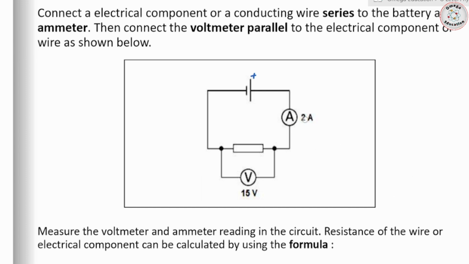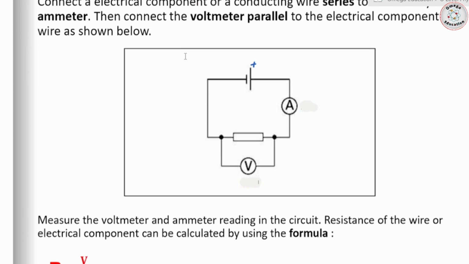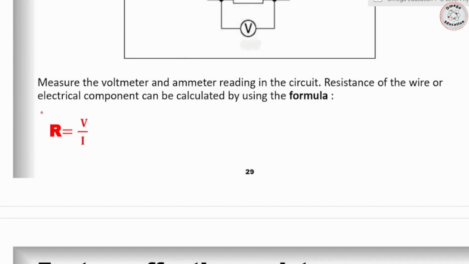Whatever the value of current and the value of voltage you get from there, you apply this one formula, R equals V over I. Then you hit on the calculator and you get the value of resistance in ohms. So this is how we can find the amount of resistance in a circuit.